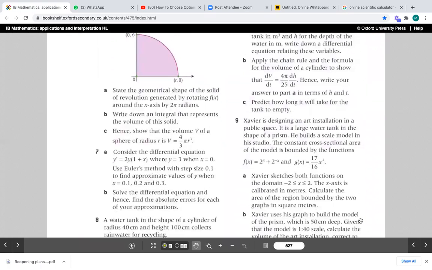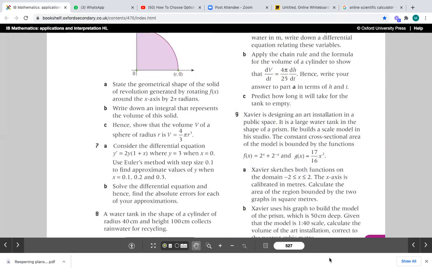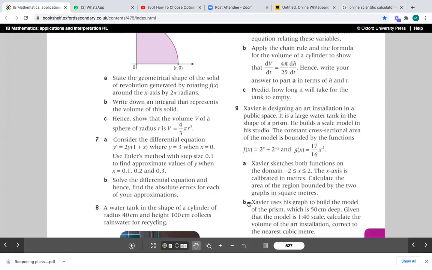It is a numerical method. So what I did just now: if you can't do it normally with integration, then you have to use Euler's method. Okay, good, so we've got this.